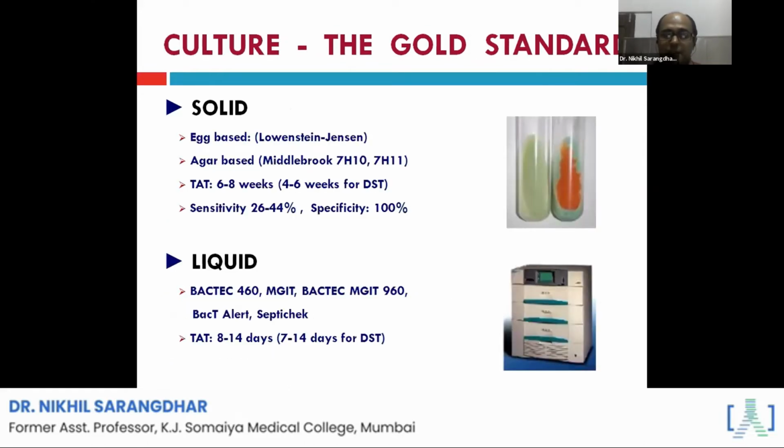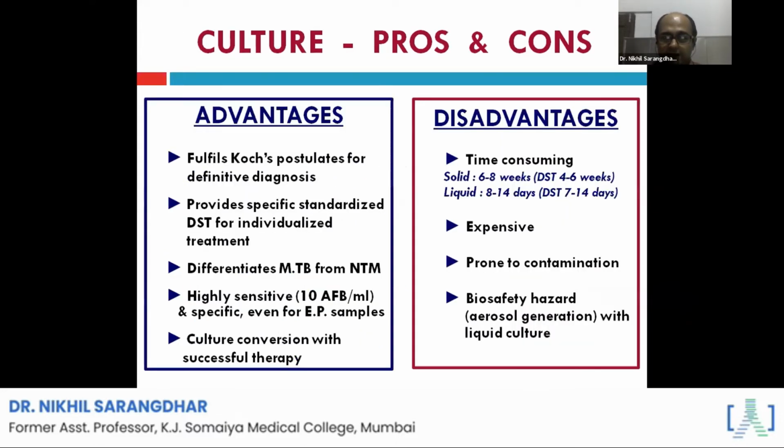So coming to culture, you have the solid and the liquid. Solid culture, the turnaround time is 6 to 8 weeks with some more time for DST, and liquid culture is much faster with some days for DST. Now, having said that, culture remains the gold standard for TB diagnosis. The advantages of culture is that it fulfills Koch's postulates for a definitive diagnosis.